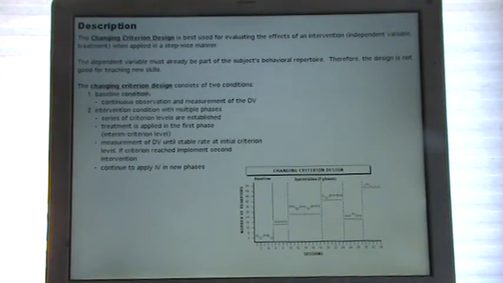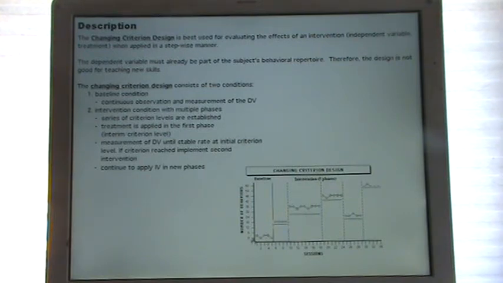The changing criterion design consists of two conditions. The baseline condition, where there's continuous observation and measurement of the dependent variable. So let's say this graph represents a student on the autistic spectrum who has inappropriate eye contact or inappropriate socialization skills or verbalization, something.